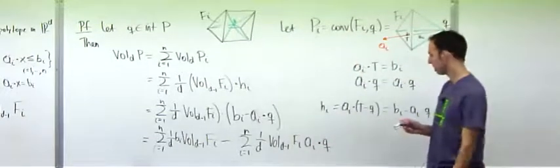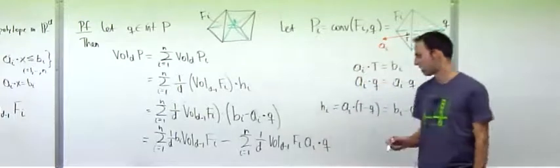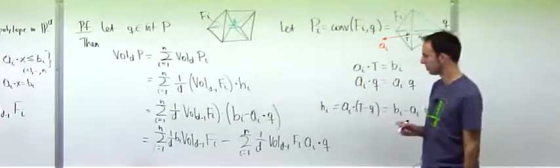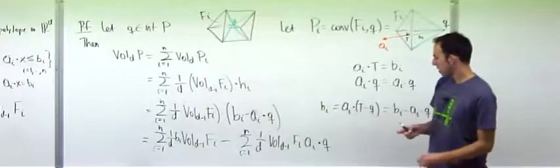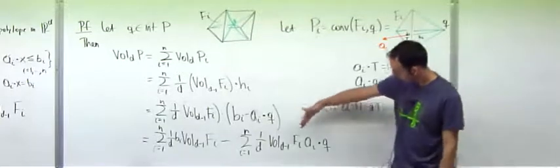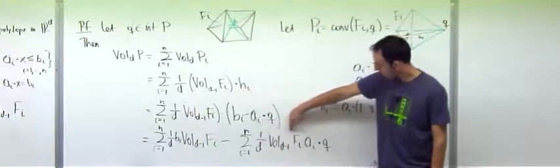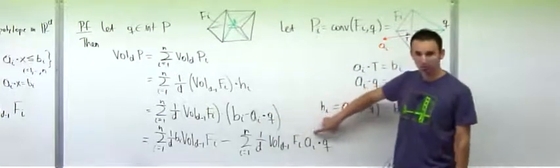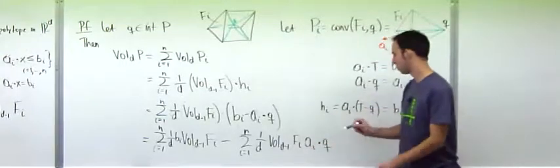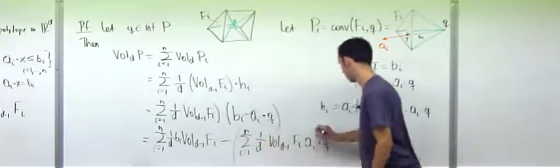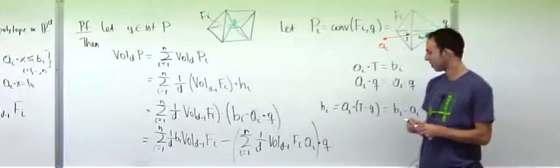Okay? And it kind of naturally comes out with a parenthesis here, because this is ai dot q. But what you should notice is that these things are all constants here, right? And here I'm taking a dot product, so I can move the parenthesis to here. Okay?